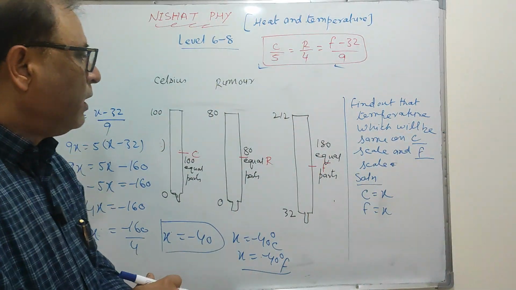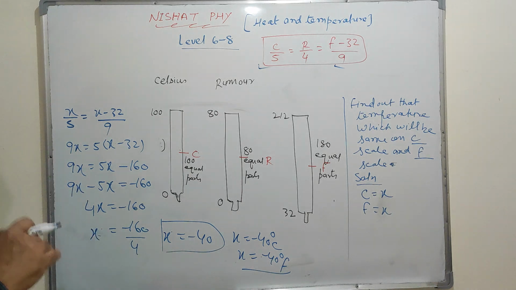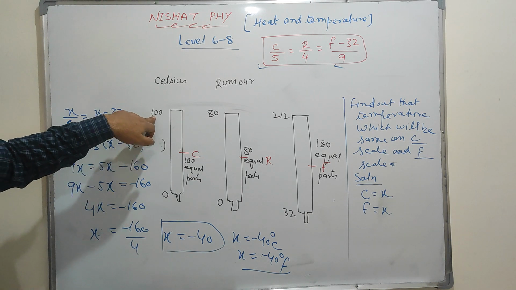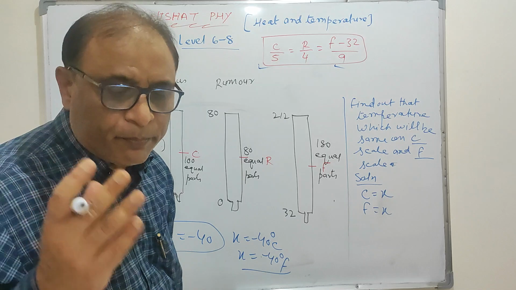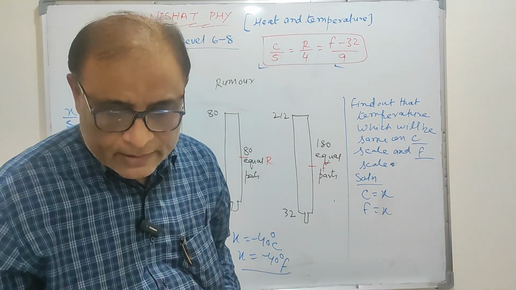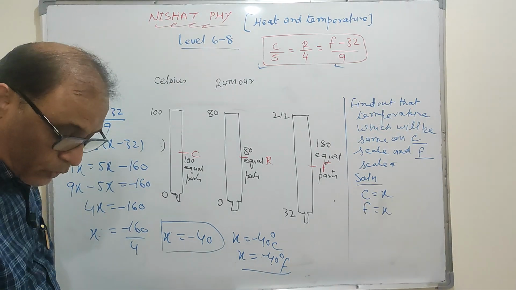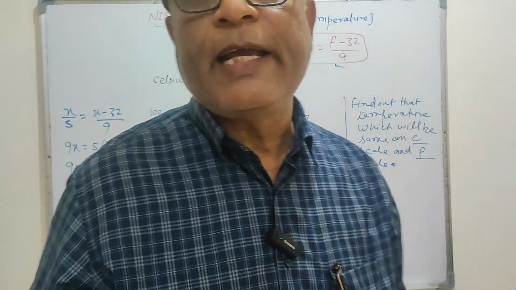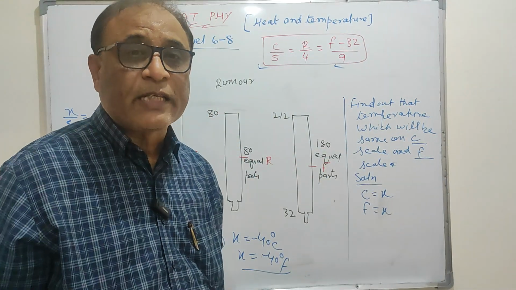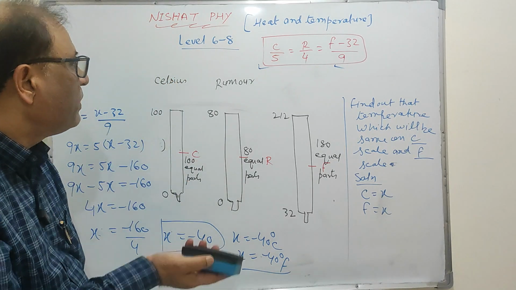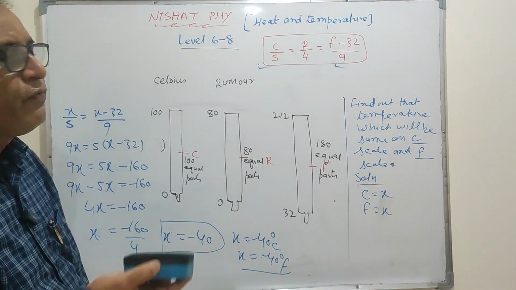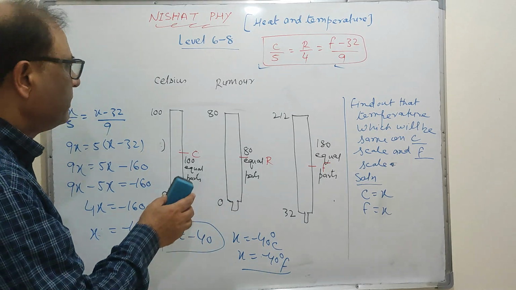Got it? Now, generally, this Celsius and this Fahrenheit and one more scale, the Kelvin scale, is taught. Now we are going to discuss what the Kelvin scale is, also known as the absolute scale, and how it is different from the other Celsius or Fahrenheit. I am going to discuss this thing.